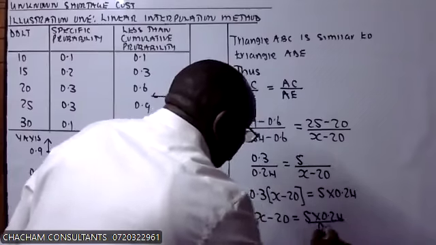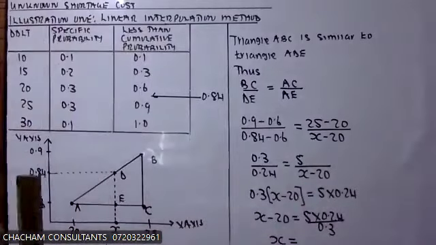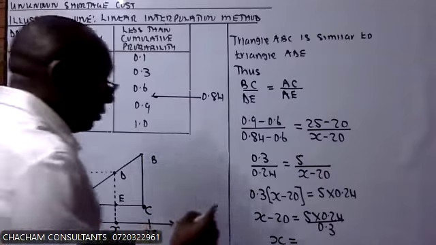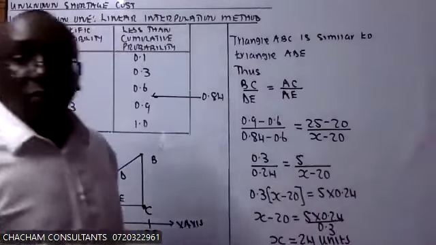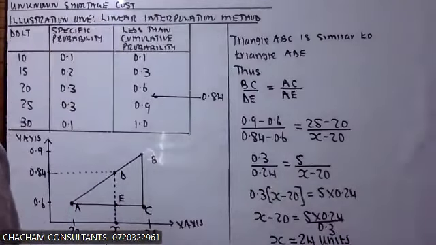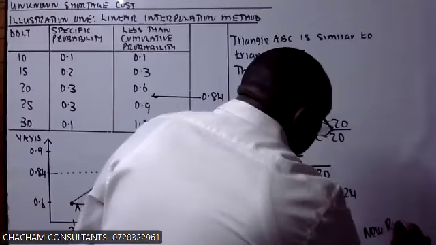You divide by 0.3. So from there, work it out and tell me, X is what? X is 24. X is 24 units. Now that 24 becomes our new reorder point. That is your new reorder point.